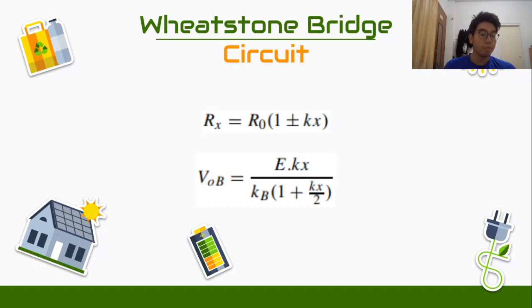In other parts of the bridge that have a resistance equal to R0, the output voltage of the bridge will be equal to the second equation, where E is the bridge power supply voltage and Kb is a bridge constant. The result of the output bridge voltage is a nonlinear function, and since the percentage of change in the resistance element is very low, the nonlinearity will also be low.